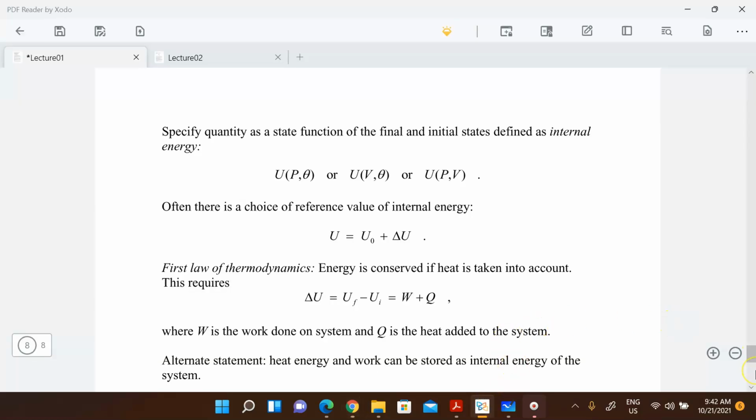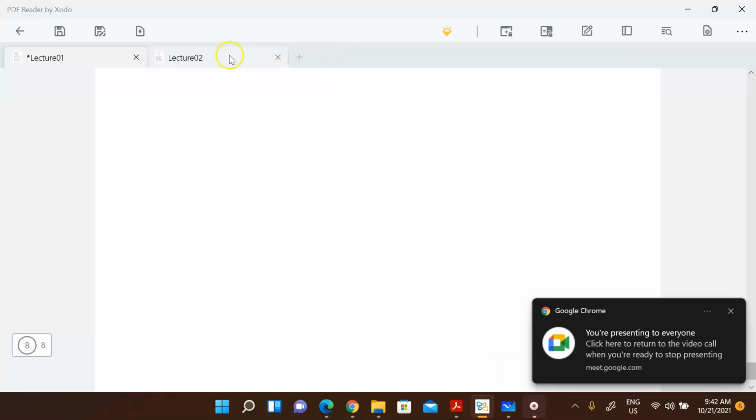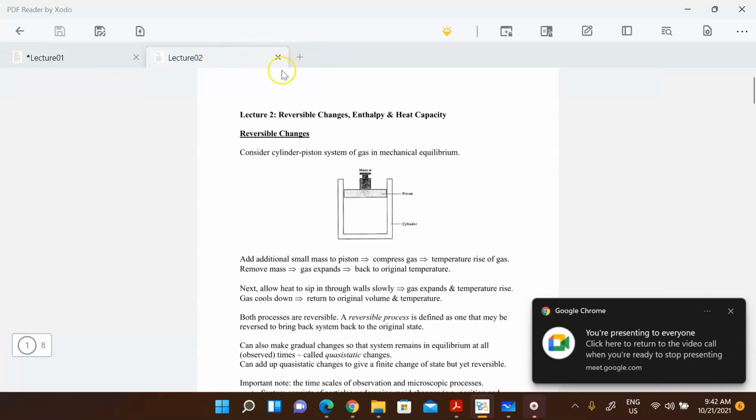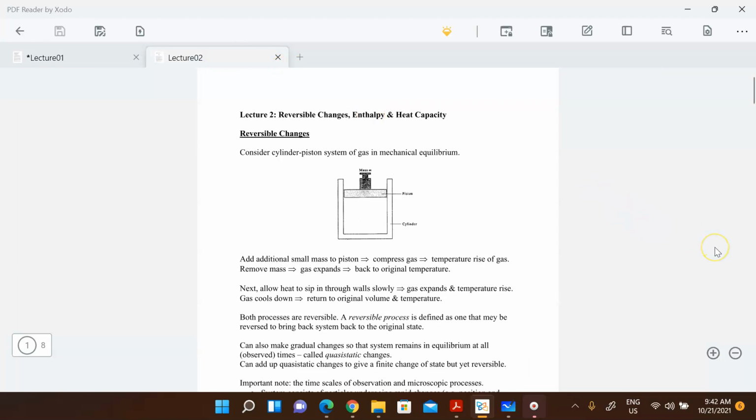So this is lecture 1. By the way, you probably see that I'm doing things bit by bit because I don't have a ready set of notes for statistical mechanics.